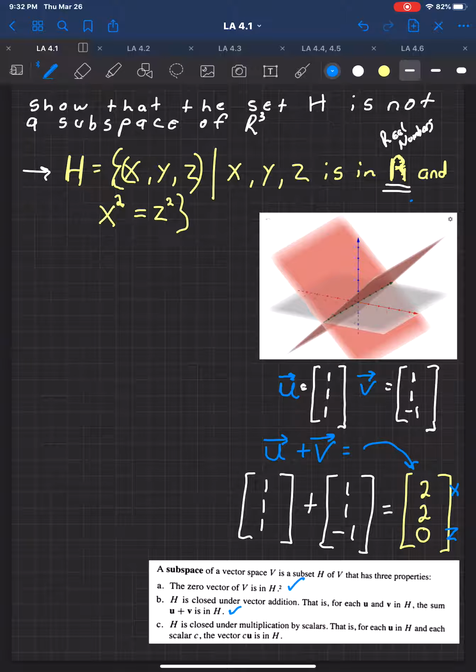You end up with the statement that 2 squared must equal 0 squared, and this fails. This fails to meet the condition. What does that mean geometrically? That means although 2, 2, 0 is a point in R3, it's not in this shaded region. It's not in H. So what did we just figure out? We just figured out that this fails the axiom of being closed under addition.